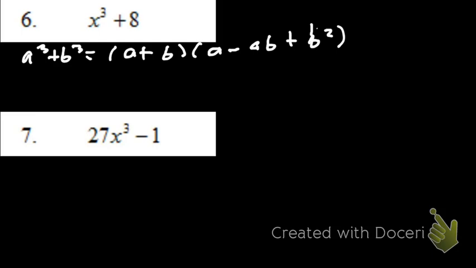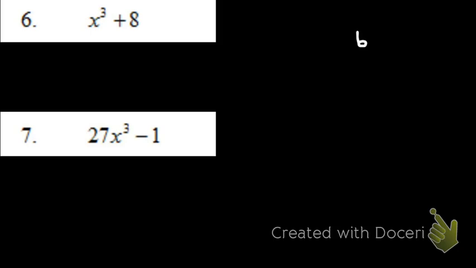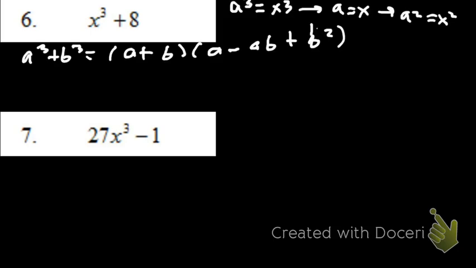Alright, and if we look at what we're given, we know a cubed is x cubed, which means that a has to equal x, which means that a squared has to equal x squared. And we're given that b cubed is 8, so b is going to be 2, and b squared is going to be 4.